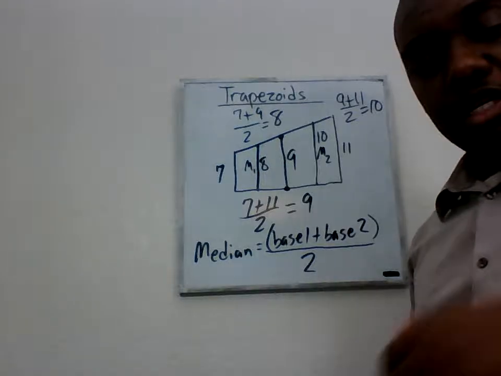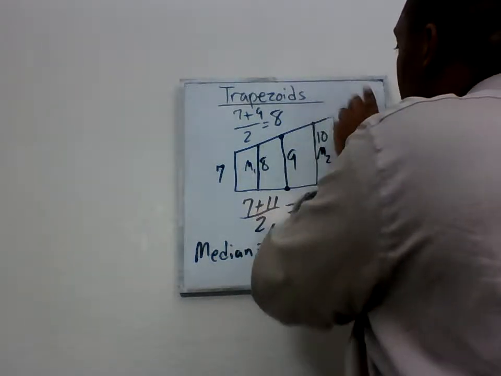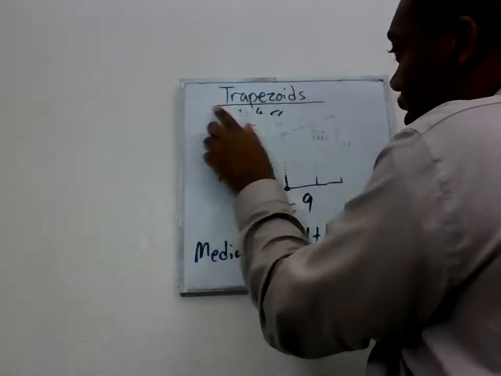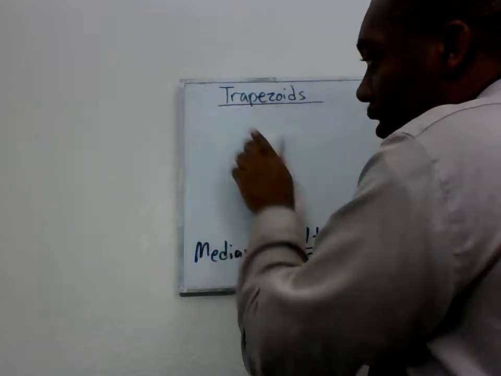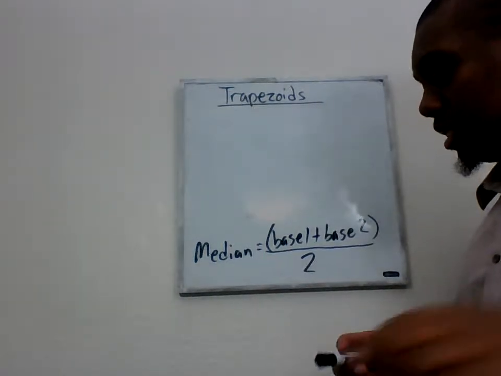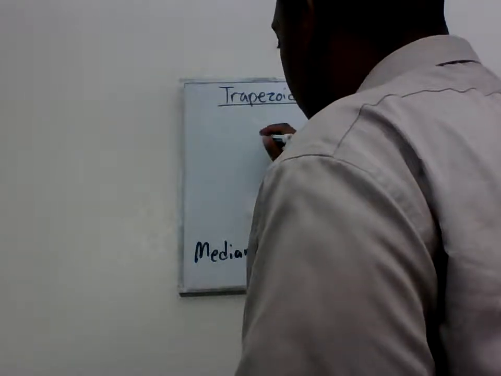So how else can we use this? Well, let me erase this here. Another common way that the median is used is, let's say, for instance, we have a trapezoid.